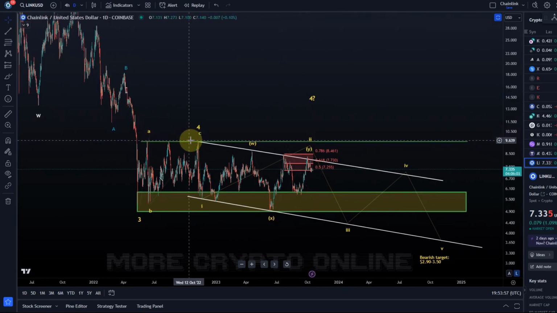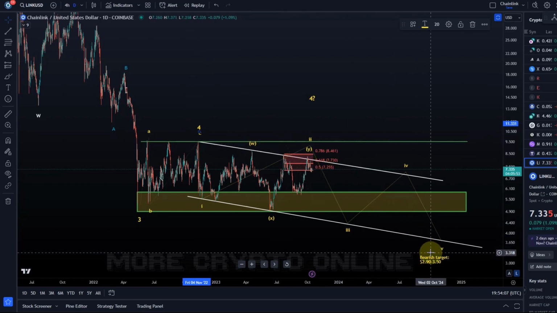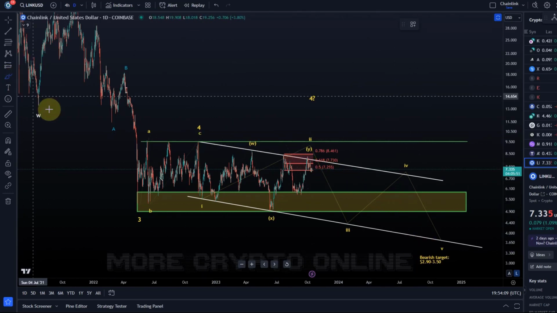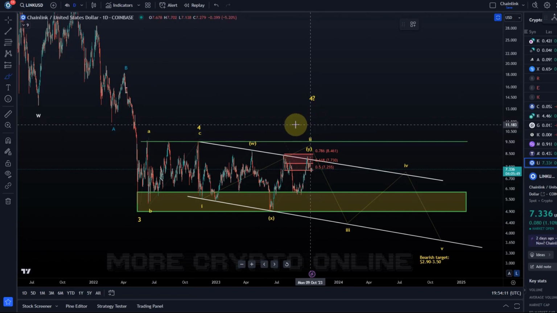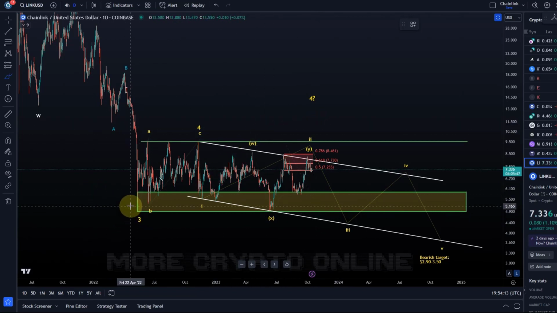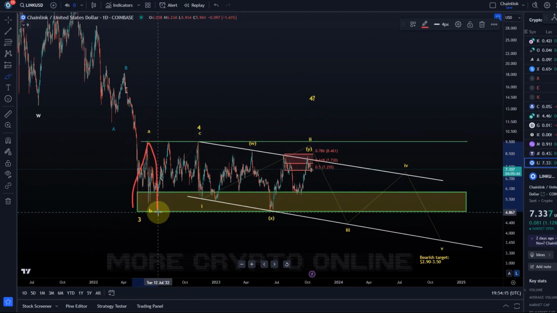Currently I have an ABC structure for this wave 4 that might have topped in November last year, with a very long wave 5 still to unfold, but this wave 4 could simply extend. At the moment I've got an A wave, B wave, C wave, or you could even count it as a WXY.